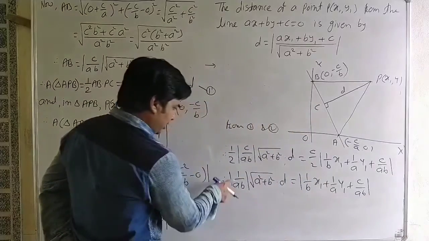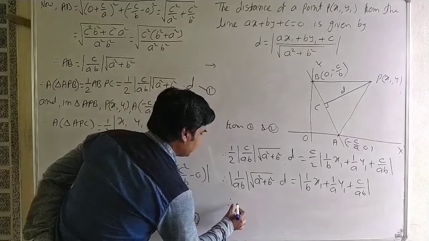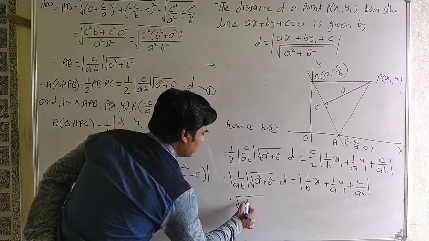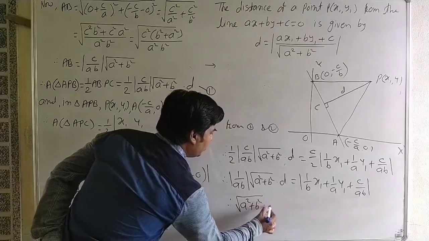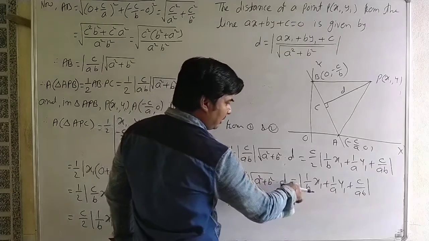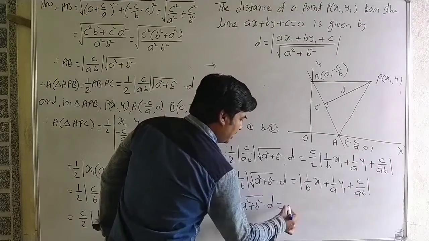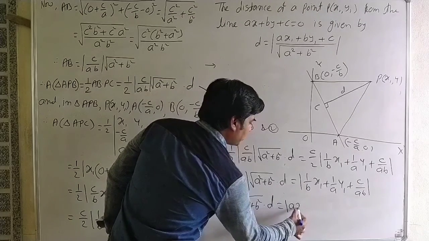Okay, again here 1 by b, take ab in terms of that, then under root a square plus b square into d is equal to, when it is 1 by b, then here multiply by ab, then here b get cancelled, here we get ax1.